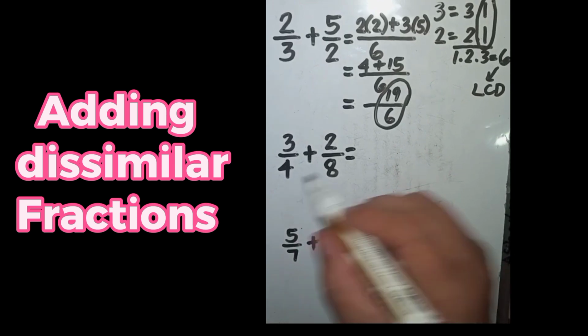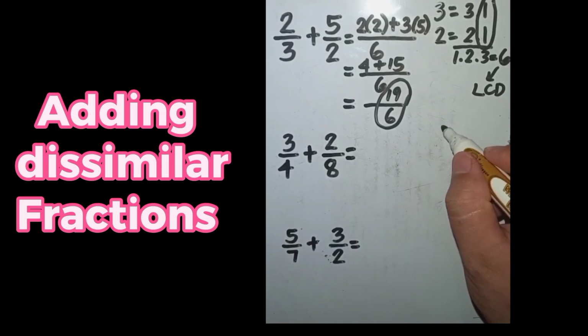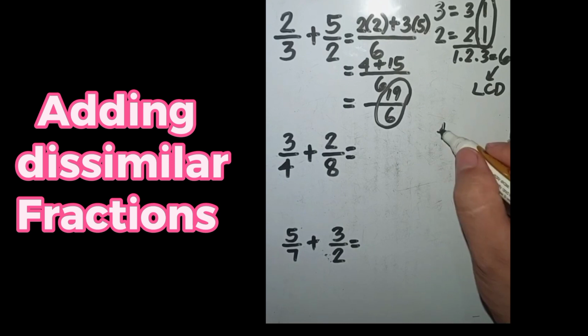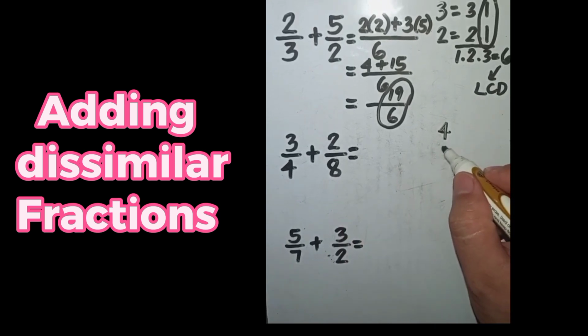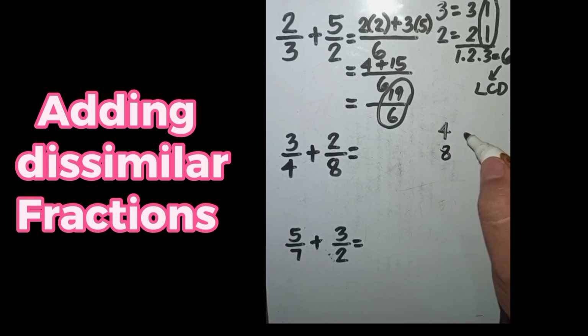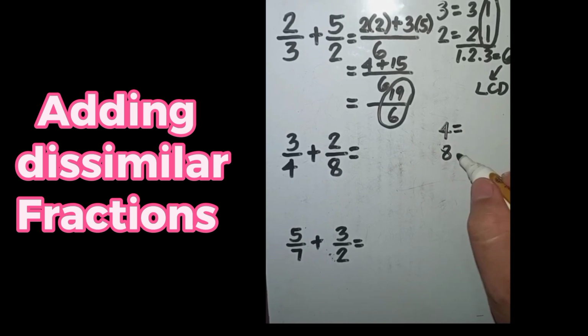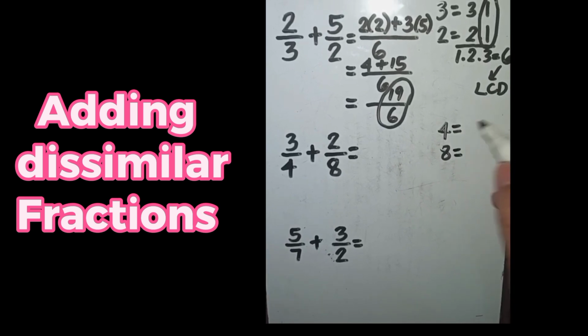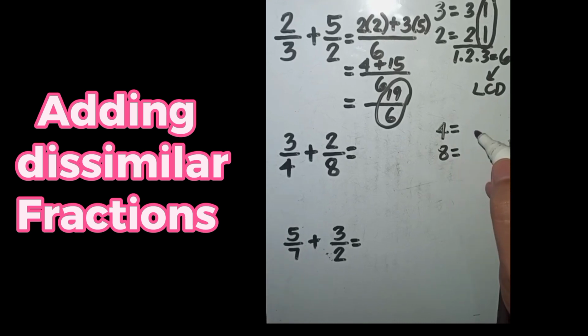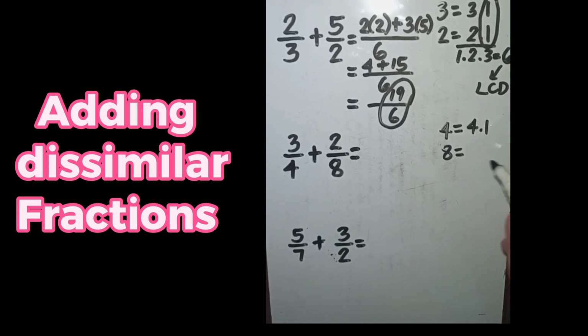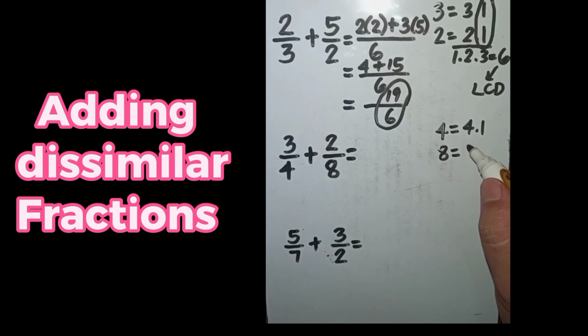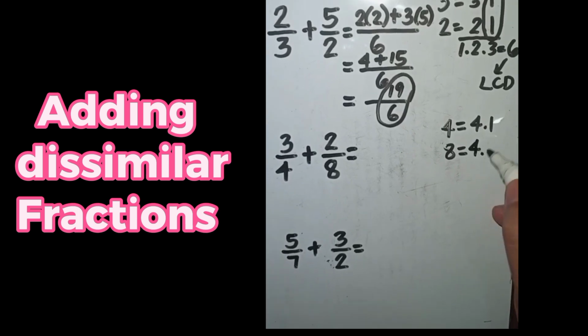So first we have to take the 4, and then we have to take the 8, and then we have to factor out 8 and 4. So the factors of 4, we have 4 times 1. And the factors of 8, we have 4 times 2.